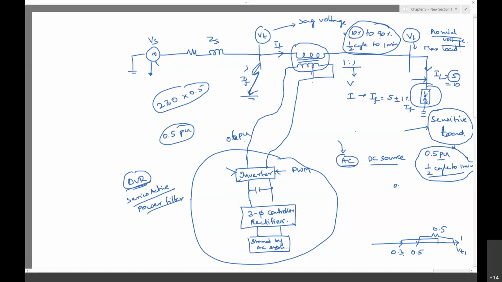This particular transformer is a 1:1 transformer, the current is the full load current of the sensitive load, and the voltage is 50% of the nominal voltage.